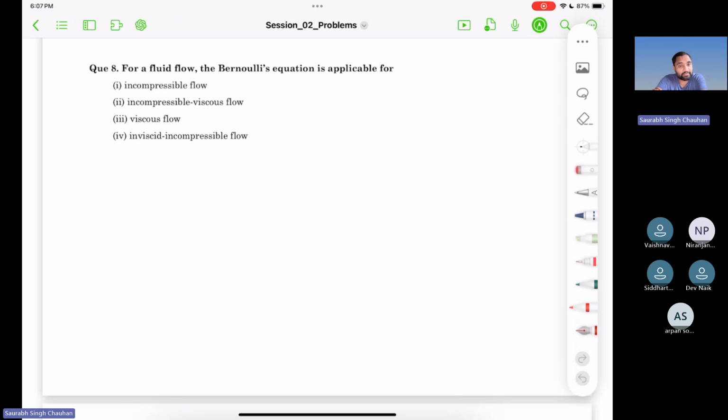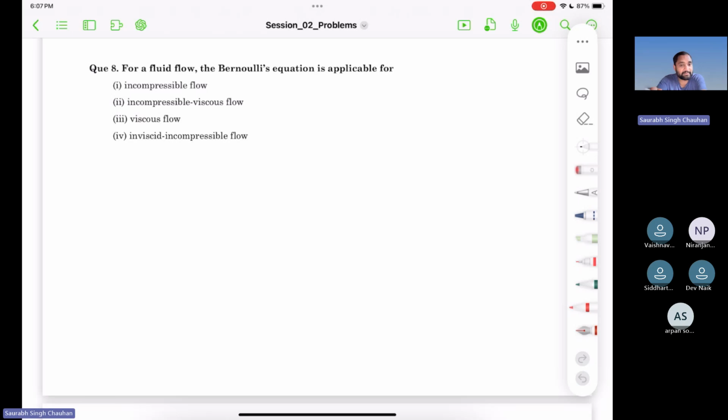It is very important to know which equation is applicable in what conditions. You cannot apply every equation everywhere. Before applying any equation, you should understand whether it is even suitable in that condition or not.